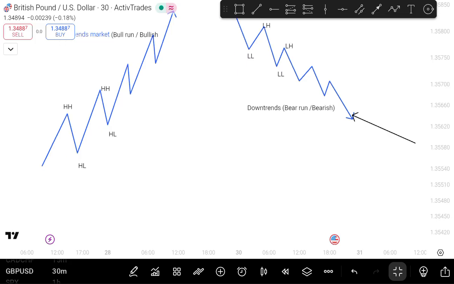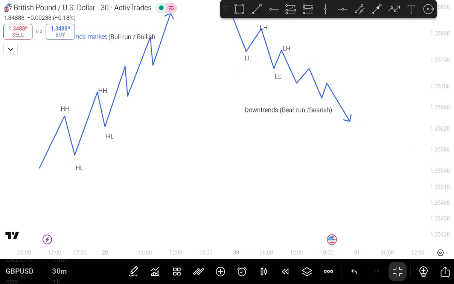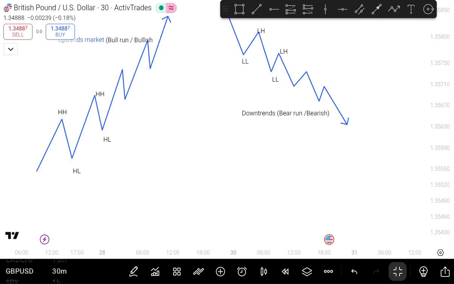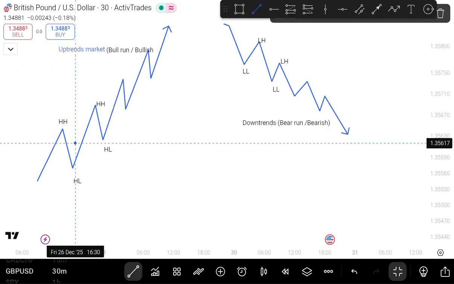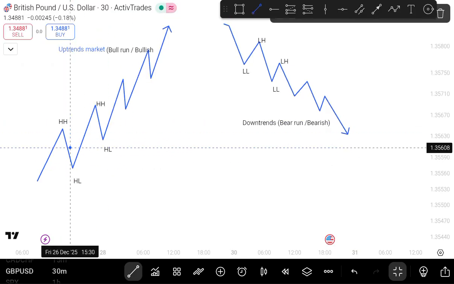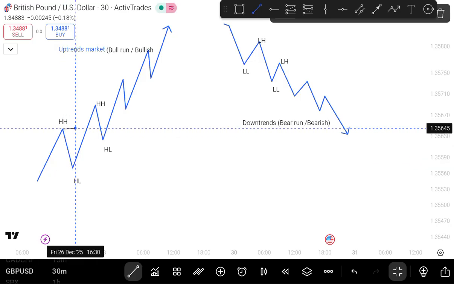So this is a bearish market. Now you need to know, for you to know that there is still a continuation of this bull run or uptrend market, once the market retreats down here, for the continuation of this bullish move it must break this higher high up.